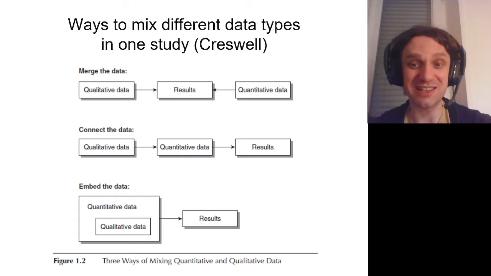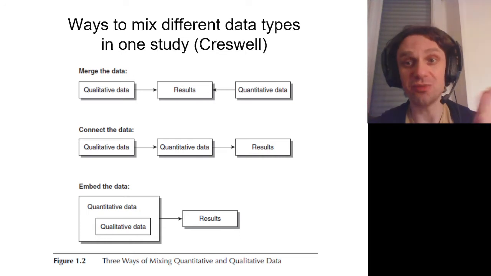But what does embedding mean? Embedding means that you actually convert this qualitative data from these open-ended questions into a quantitative form. For example, you do a content analysis and you transform the verbal formulations into numeric results.